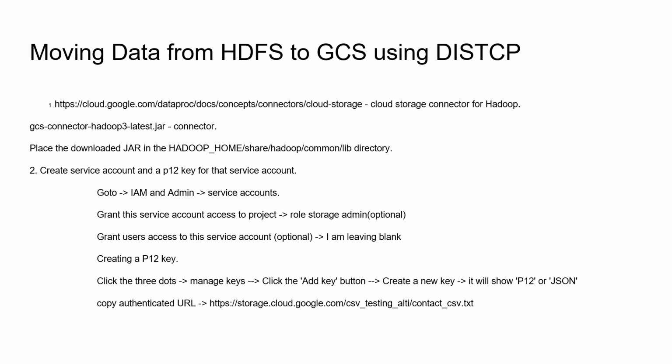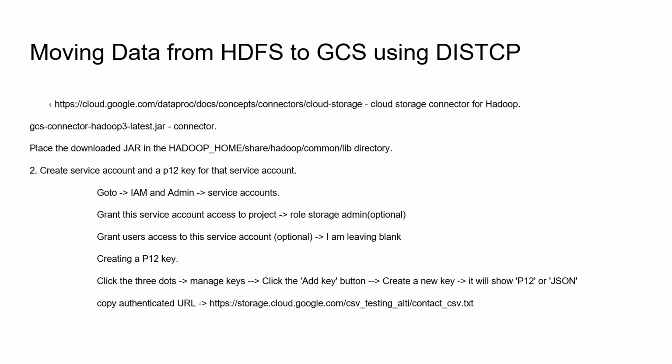In this slide, we are checking moving data from HDFS to GCS using distcp. After connecting the connector and putting it in the appropriate path in the lib directory, we have to create a service account and a P12 key for that service account. The steps are: go to IAM and admin, service account, and grant the service account access to the project. The role is storage admin, that can be optional.